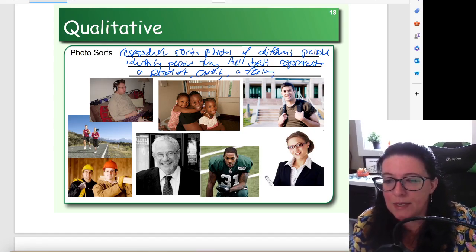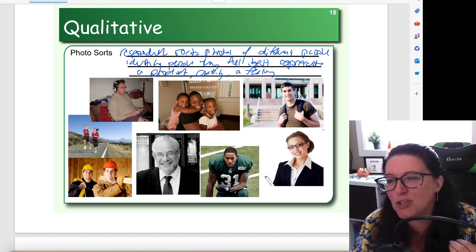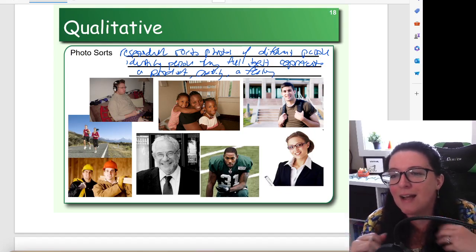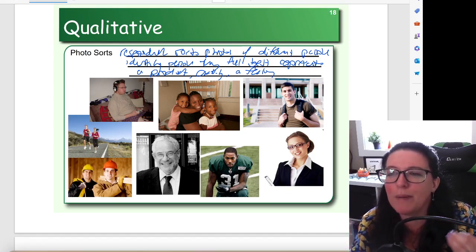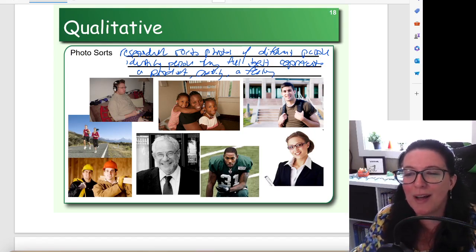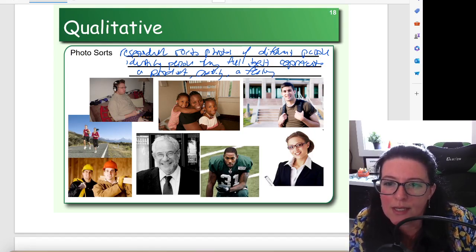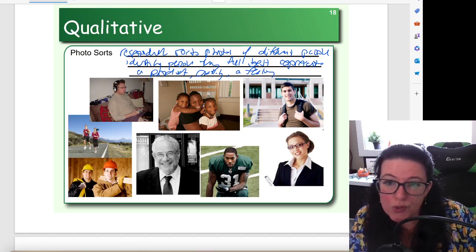Well, that's going to be someone who kind of wants to rebel against the mainstream. The iPhone is too much what everyone else does. And so we would look for pictures of people who look like they're more rebellious, don't do what everyone else does. So we can use photo sorts to get perceptions of products and who would use products.